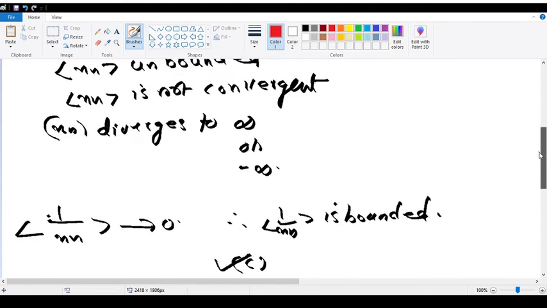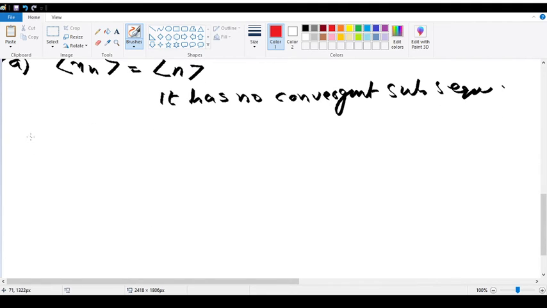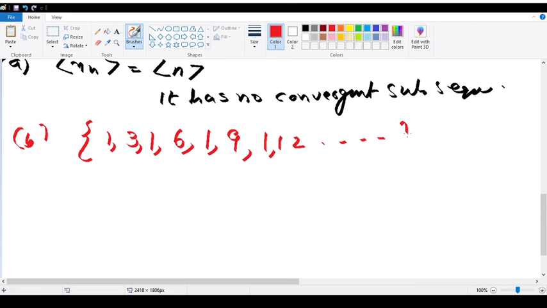How to omit the second option? You can take 1, 3, 1, 6, 1, 9, 1, 12, etc. So in this sequence, you can find a convergent subsequence, isn't it?